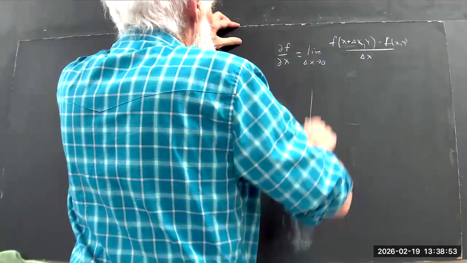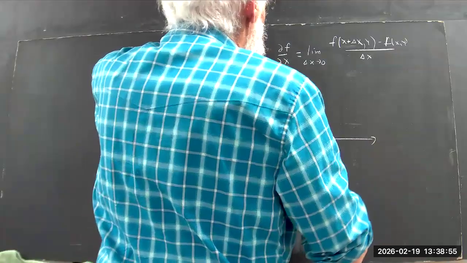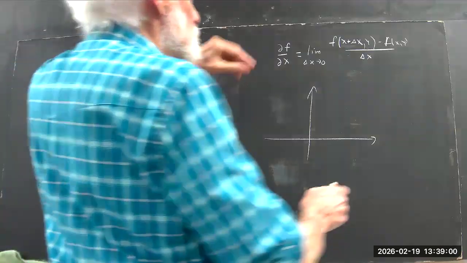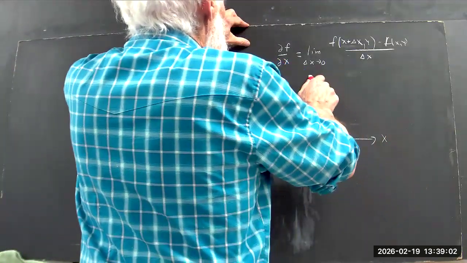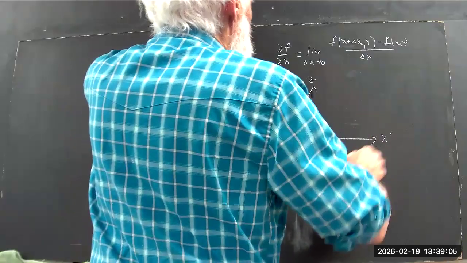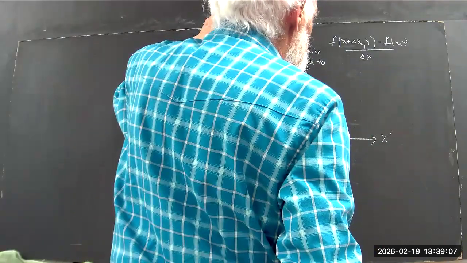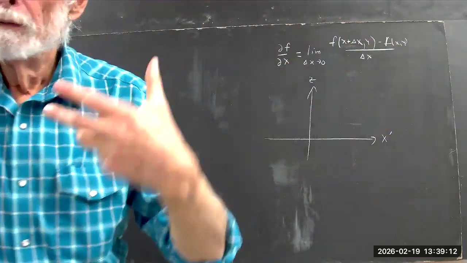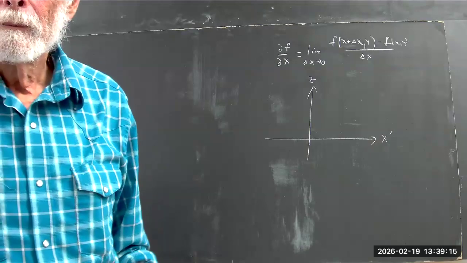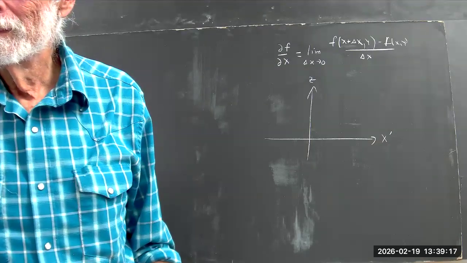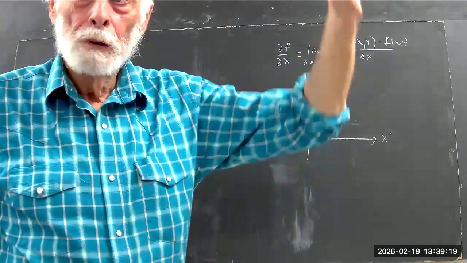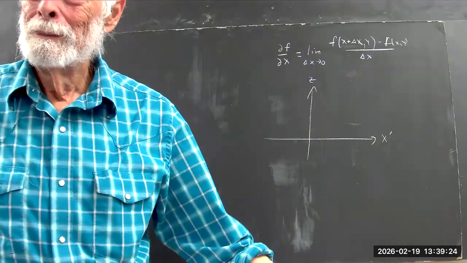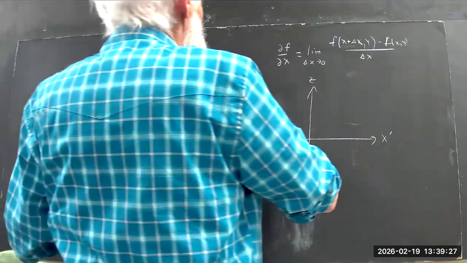Here's a graph. You've got your three-dimensional graph of f of x, y. You slice it in a plane parallel to the xz plane. In that plane, you've got a curve.